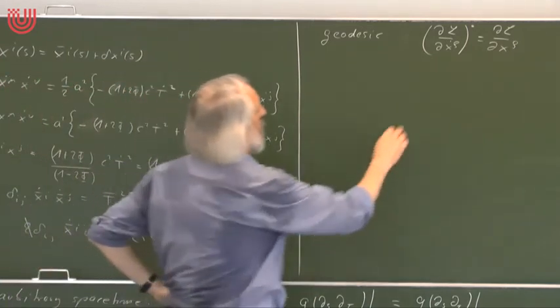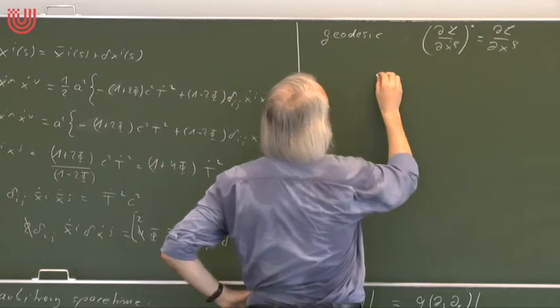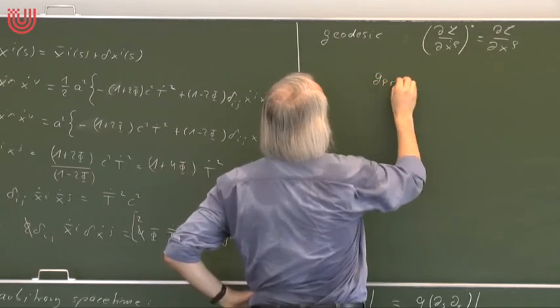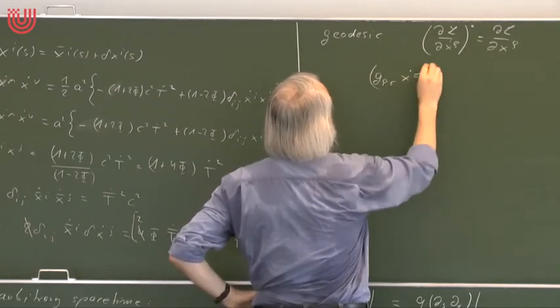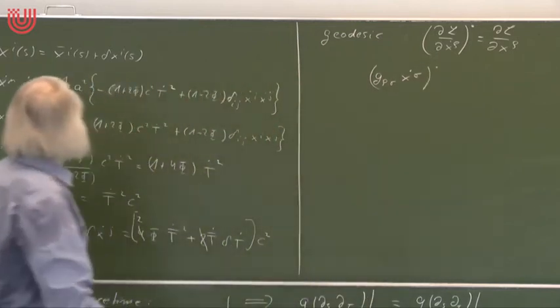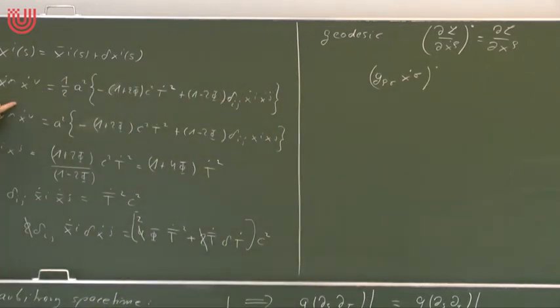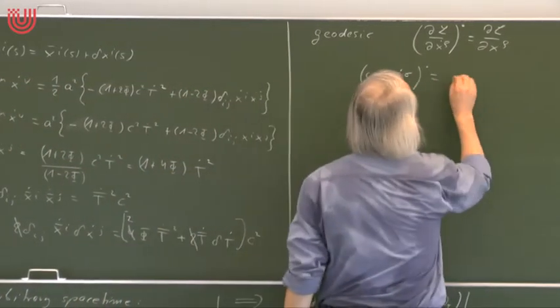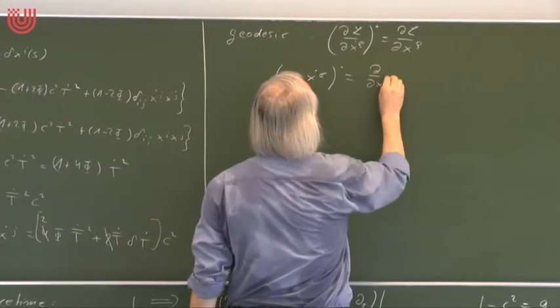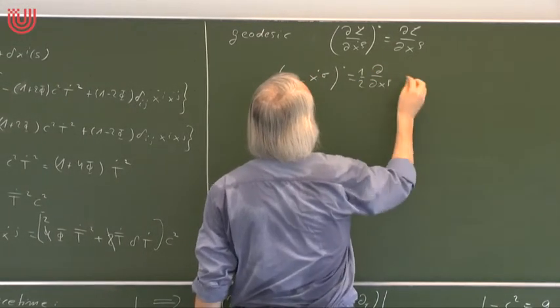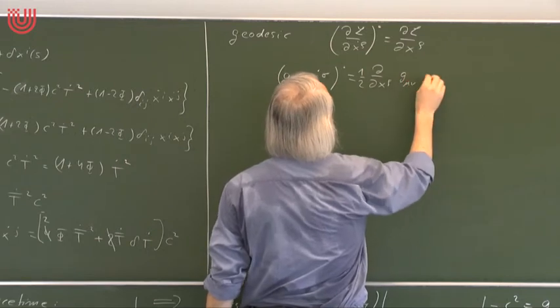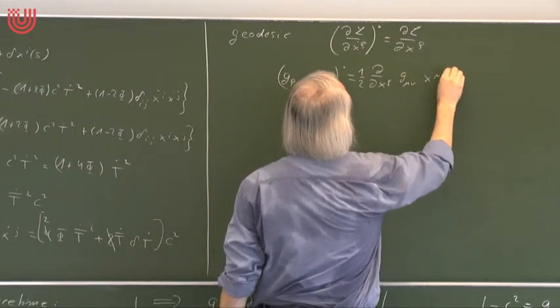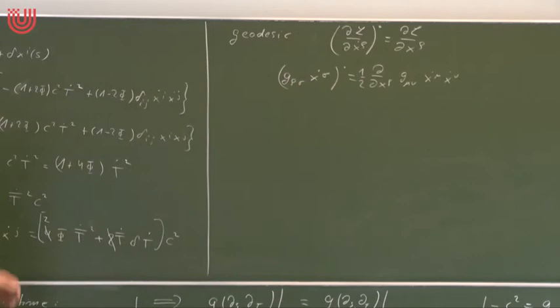This gives g rho sigma x sigma dot, the derivative of this expression with respect to x rho dot. The term comes twice, this kills the 1/2. And here I have d by dx rho, there's a 1/2, g mu nu x mu dot x nu dot. Okay.